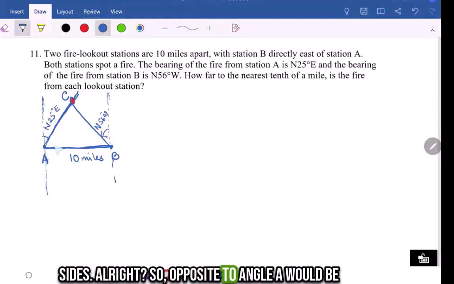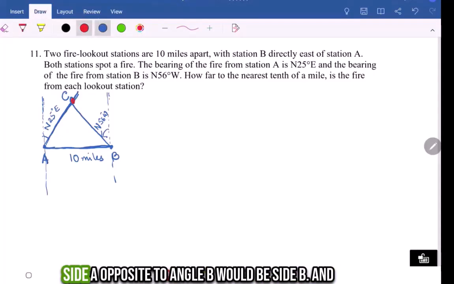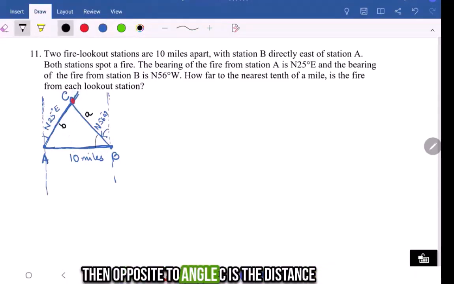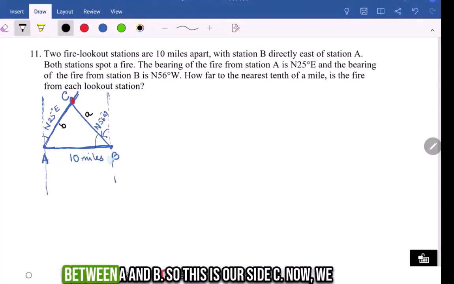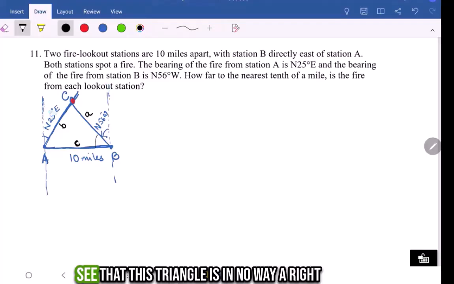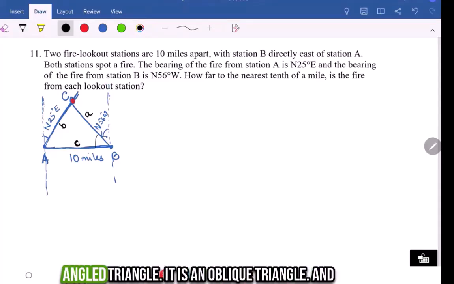So opposite to angle A would be side A, opposite to angle B would be side B, and then opposite to angle C is the distance between A and B. So this is our side C. Now we see that this triangle is in no way a right angle triangle.